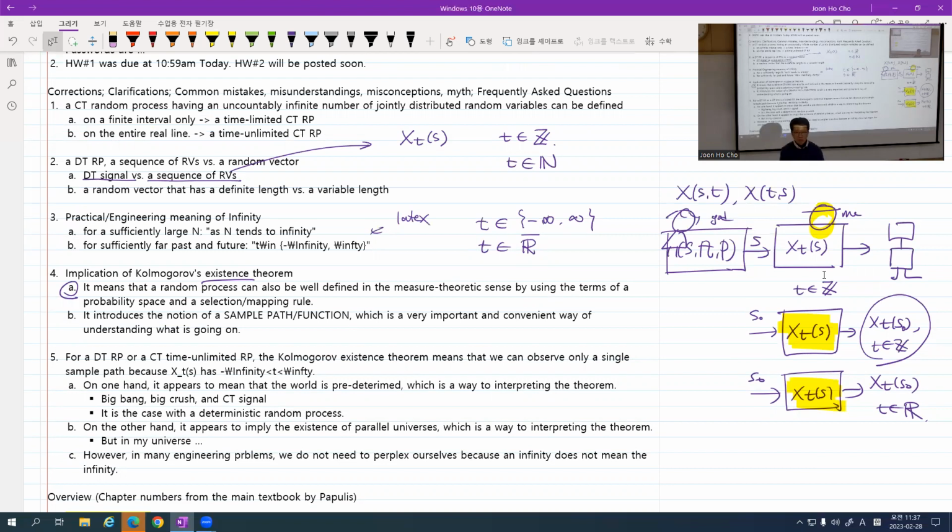For example, a similar thing is the intermediate value theorem or the mean value theorem you were taught in high school maths or undergraduate calculus. What did they say? Given such and such conditions, there exists some number in the interval (a, b), and so on, right? It does not give you how to find it given a specific example. It just says there exists. Same thing in Kolmogorov's extension theorem.